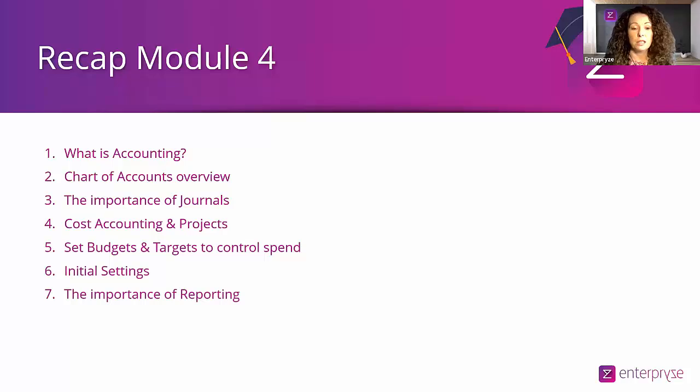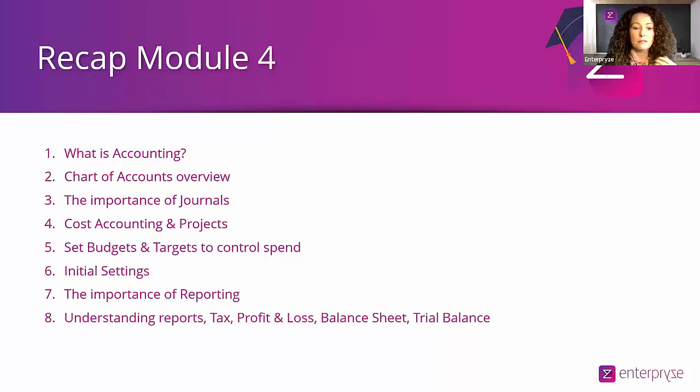And of course, we looked at the importance of reporting, because there are so many variables on the reporting available on the system, such as tax report, profit and loss, balance sheet, trial balance, just to name a few, which would be the standard reports you would be familiar with. And of course aged receivables and aged payables, which will become very important as you're using the banking module and tracking your payments coming in from your customers and your payments going out to your suppliers.